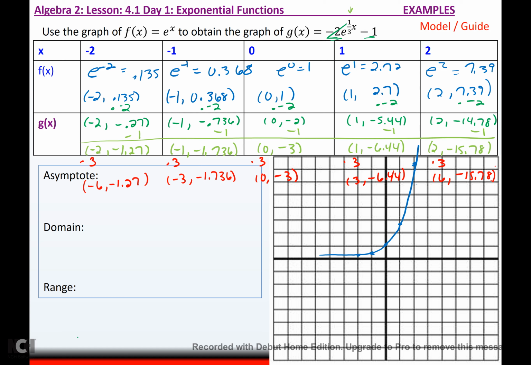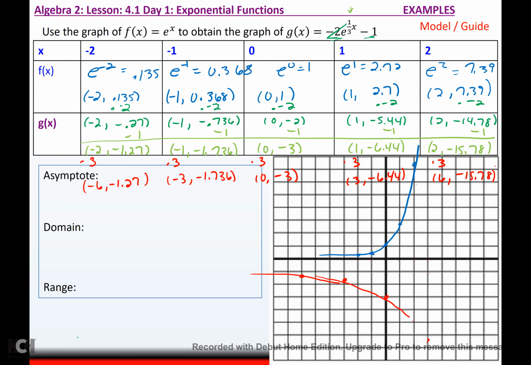Okay, so if we plot these now: negative 6, negative 1.27; negative 3, negative 1.736; 0, negative 3; 3, negative 6.44; and 6, I can't go down to negative 15, so we'll just graph these.